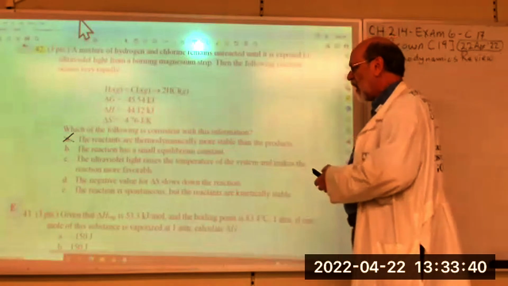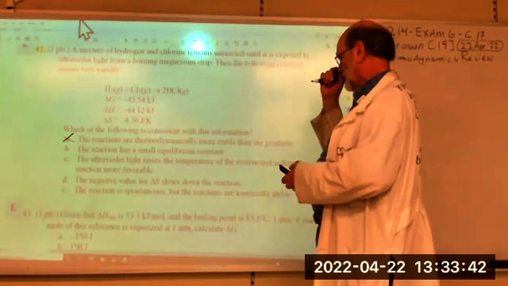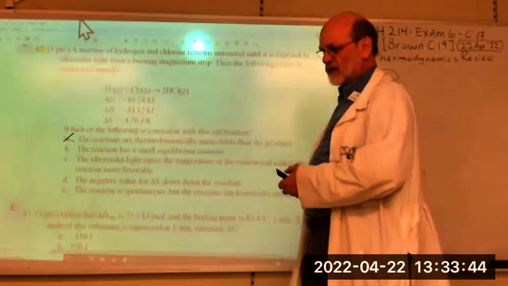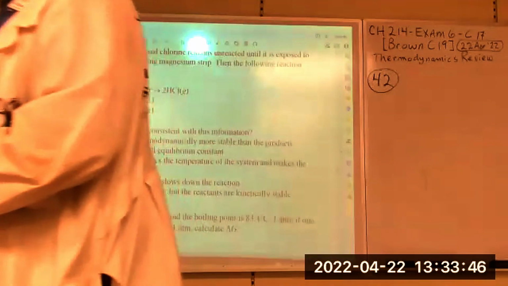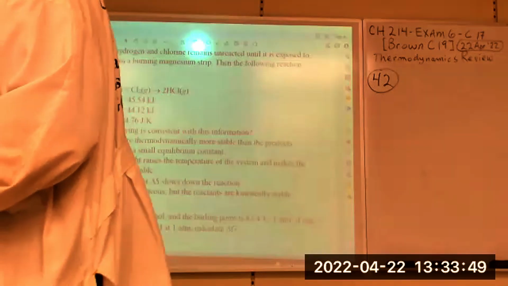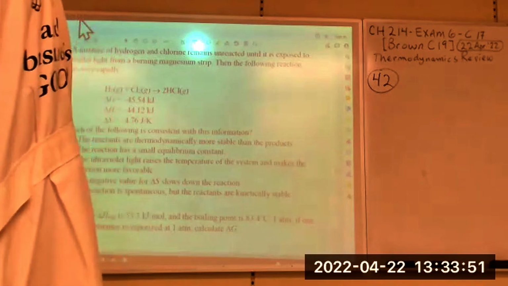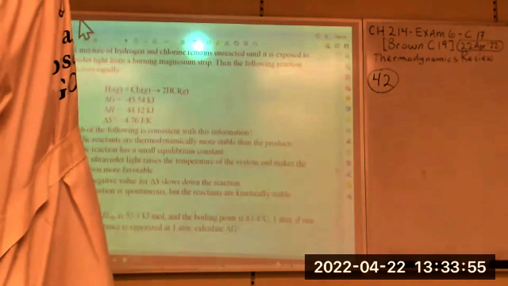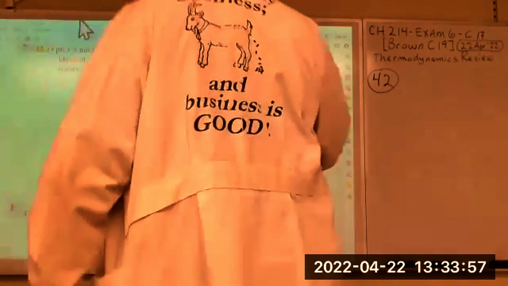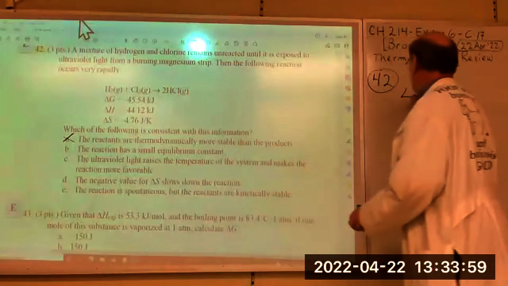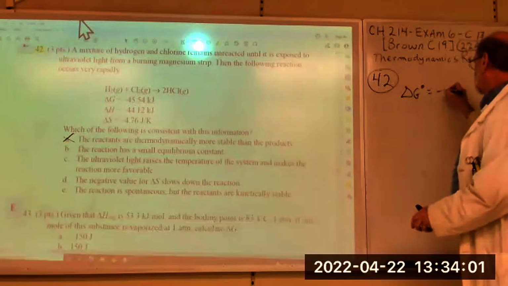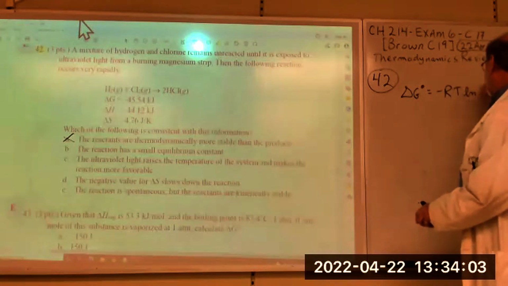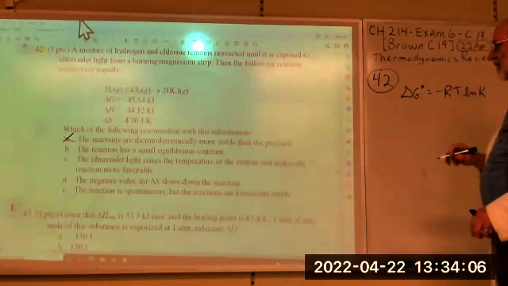The reaction has a small equilibrium constant. If we actually calculate the equilibrium constant from the same formula that we used before, what would that be?